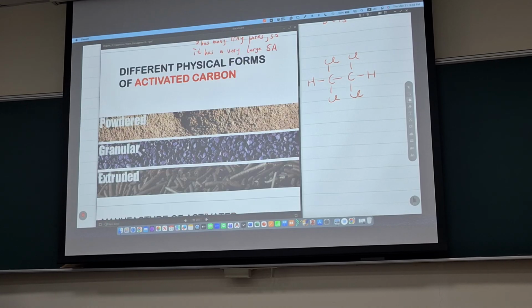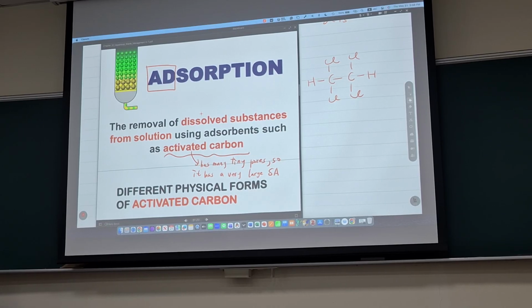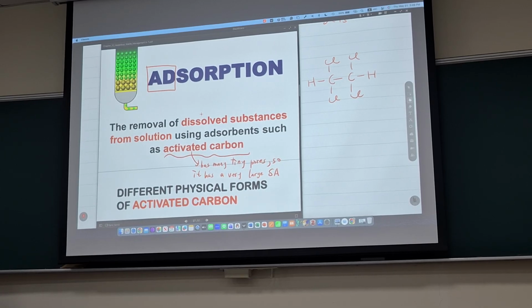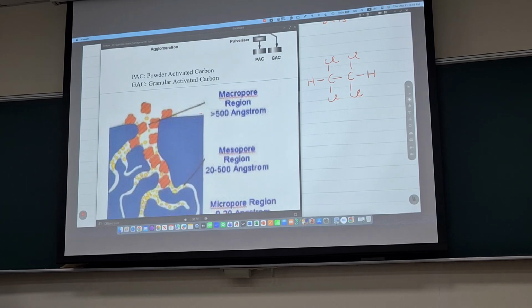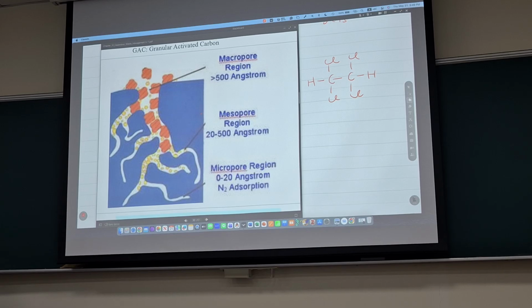As I just mentioned, the reason we use activated carbon for adsorption is that it has many tiny pores, so it has a very large surface area, and it can be classified based on the different sizes of pores. The micropore region refers to pore sizes from 0 to 20 angstroms.